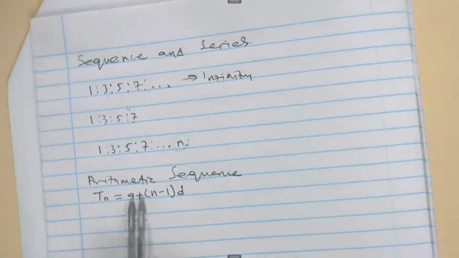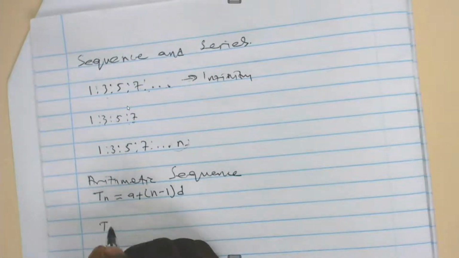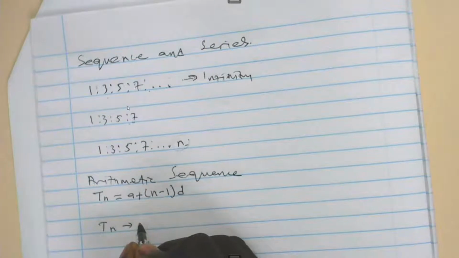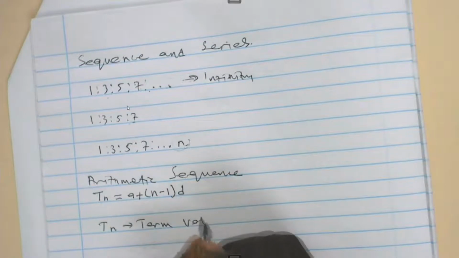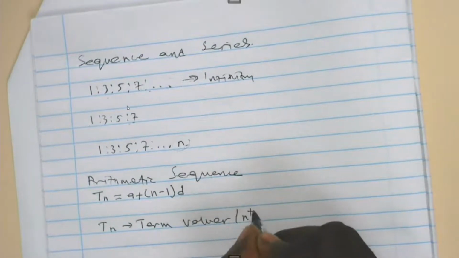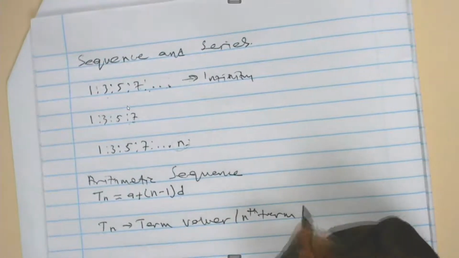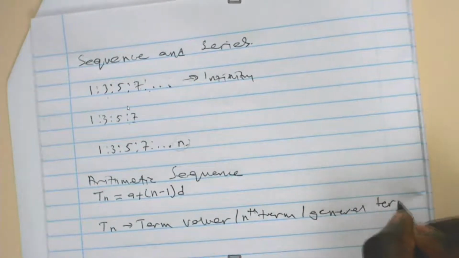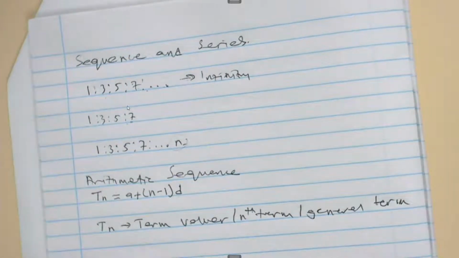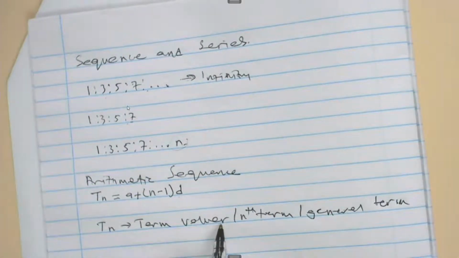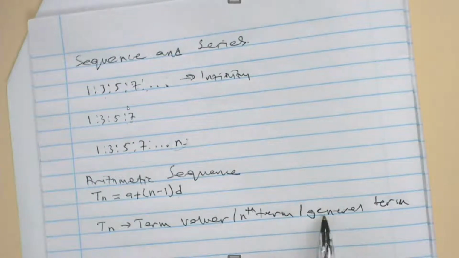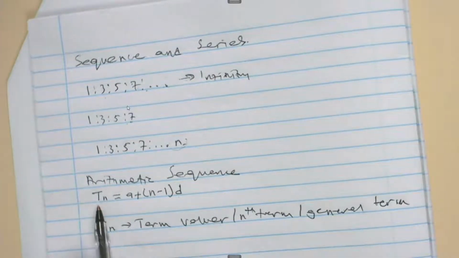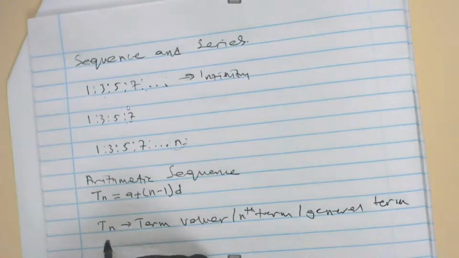These 4 variables mean 4 different things in our sequence. Tn represents the term value, or the nth term. Some books might say it's the general term. And then we have a.